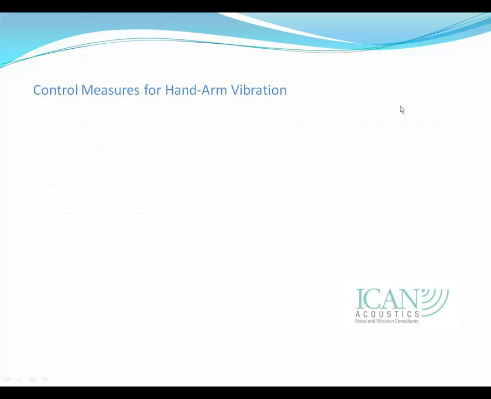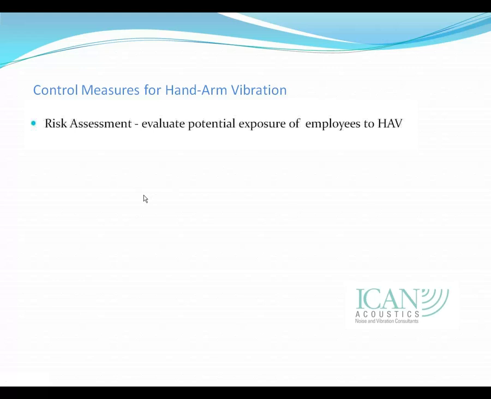Okay, so a couple of control measures then for hand-arm vibration. Let's look at some control measures. We can carry out a risk assessment to evaluate the potential exposure of employees to hand-arm vibration, and that in its own right is a control measure.